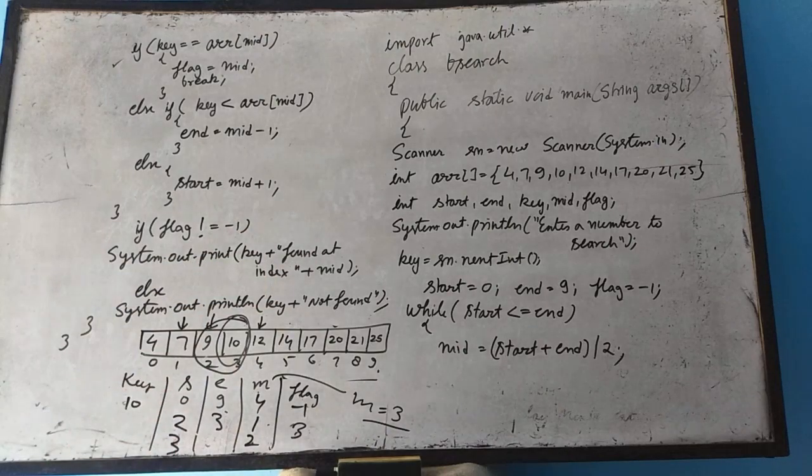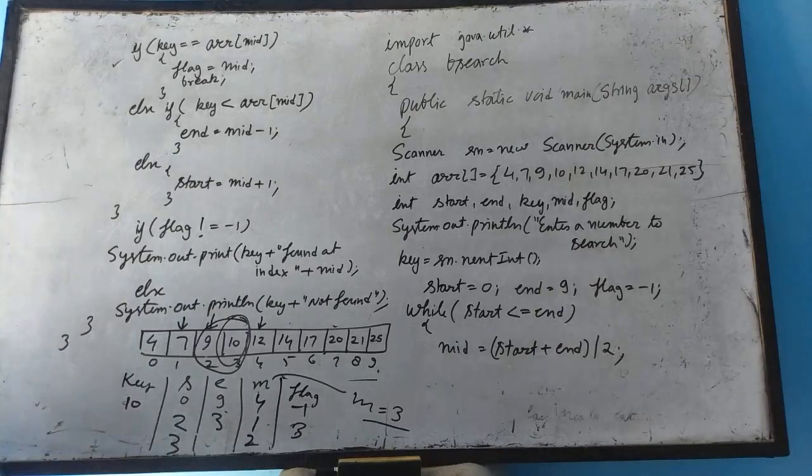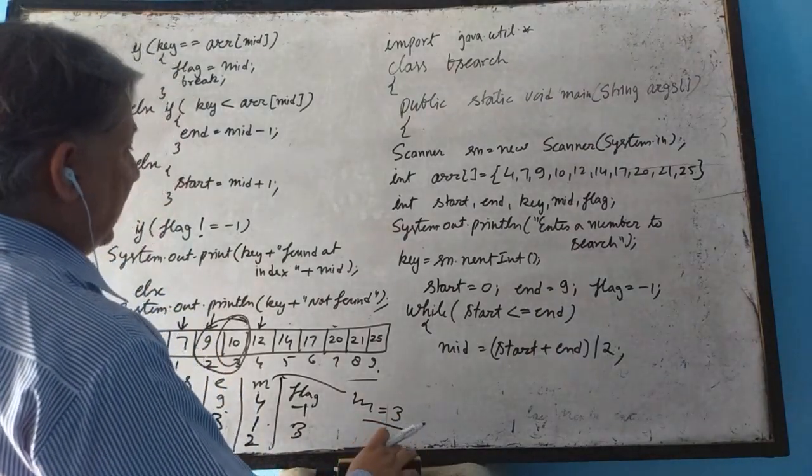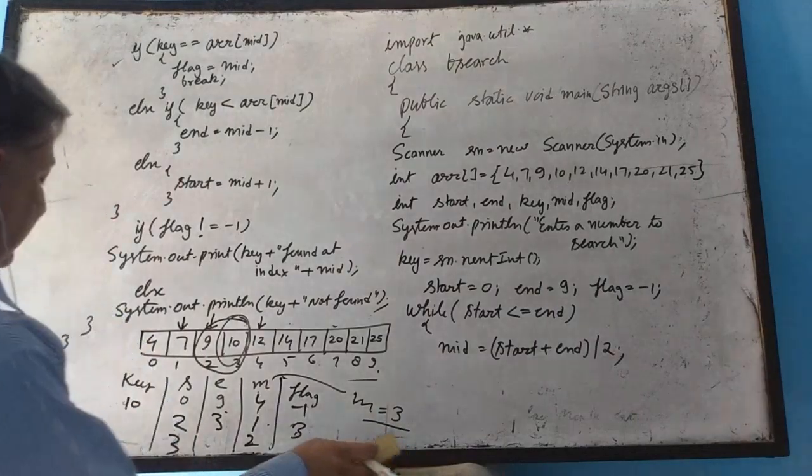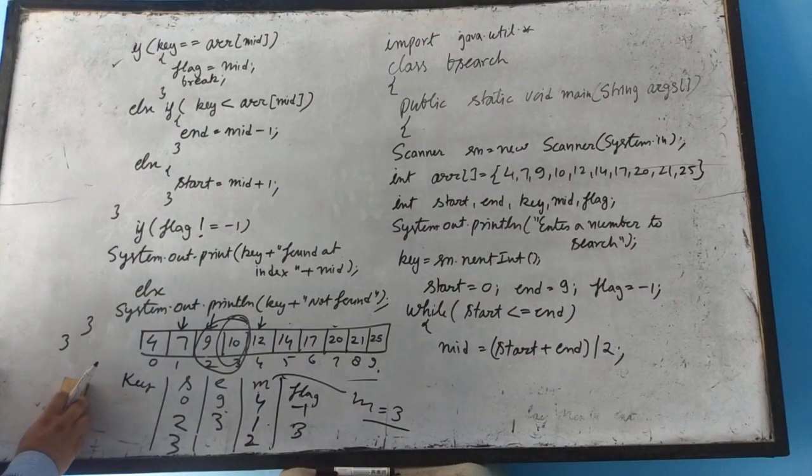And in case the number is not present, what will happen next? After this, either start will increment or end will decrement. So what will happen if the number is not there, let's say if it is 11? Start will increment. It will become 4 and end remains 3.